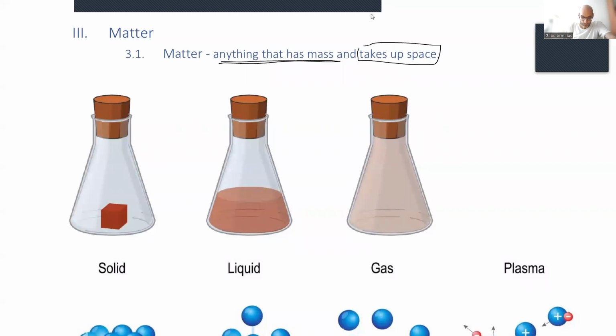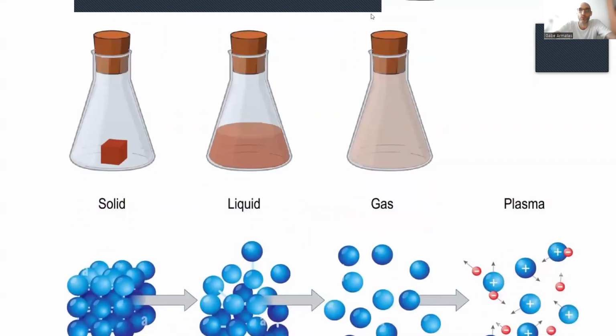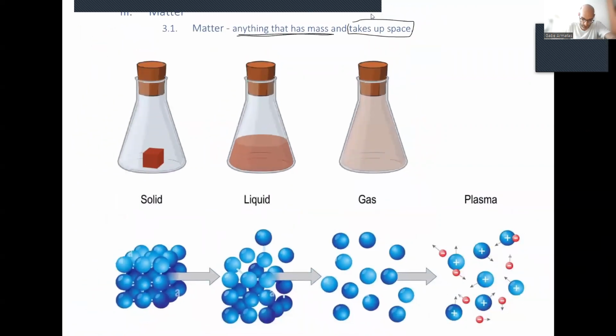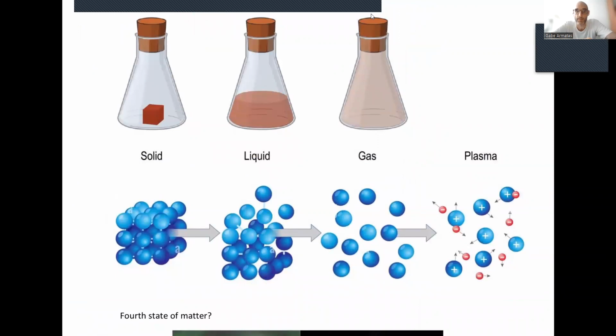Okay, so matter is broken into three different phases. These are solid, liquid, and gas, and they all have their own unique properties associated with them. We're going to talk about plasma in just a second, but solid, liquid, and gas are a great place to start.